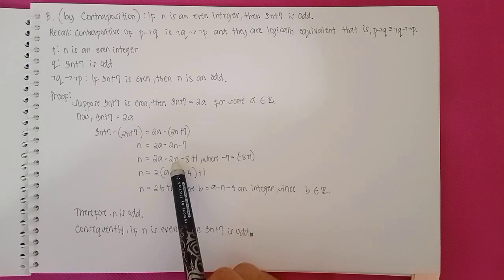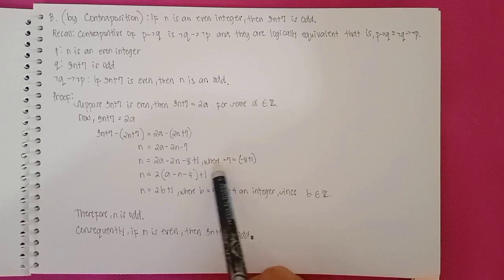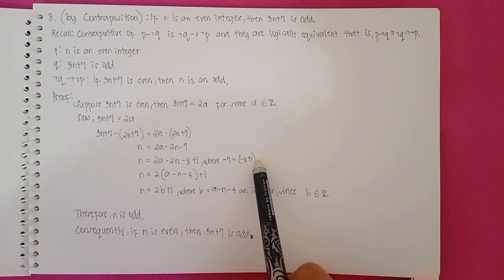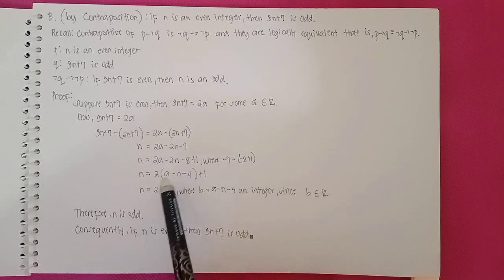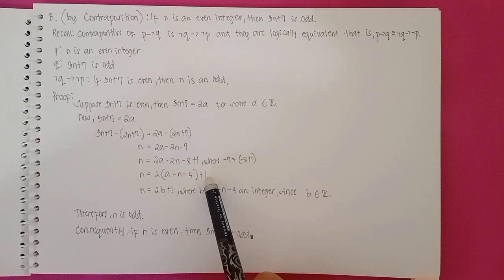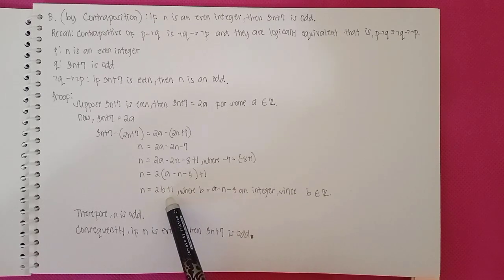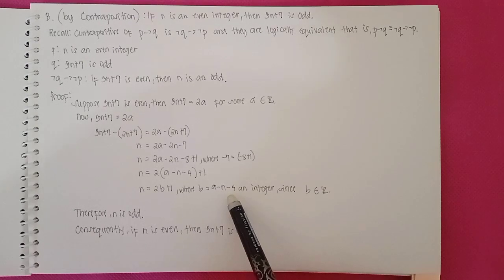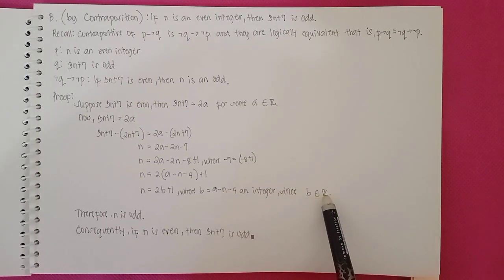And then we express negative 7 here as negative 8 plus 1, where negative 7 is equal to negative 8 plus 1. And then remove the common factor, which is 2, multiply by a minus n minus 4, plus 1. And it is equal to n equals 2b plus 1, where b is equal to a minus n minus 4, an integer, since b is an element of integers.